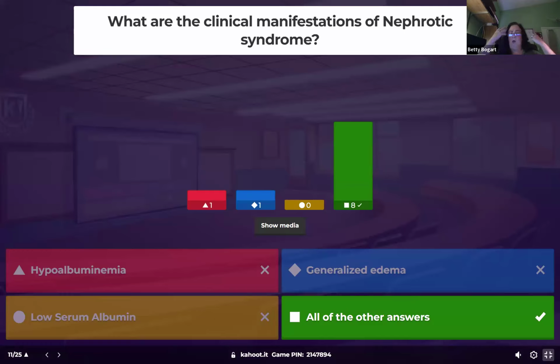So they spit out all the protein in the blood and you become hypoalbuminemic. Remember, you need protein for drug administration. So you become toxic on medications really easy with this syndrome. And of course, the low serum albumin, it's the same thing. And remember, nephrotic syndrome is generalized edema.